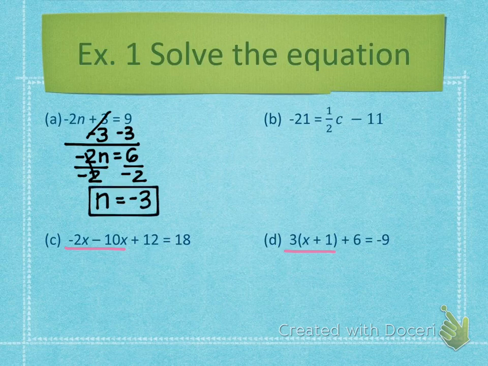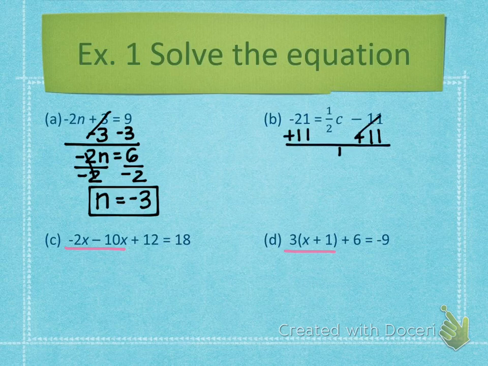All right, letter B. In letter B, we skipped the first 3 steps. There's no distributive property. There's no combining of like terms. And there's no moving a variable. So Esther, what are we going to do first? Add or subtract? What are we going to add? 11, good. 11 is keeping C from being alone, so we're going to add 11 to both sides.